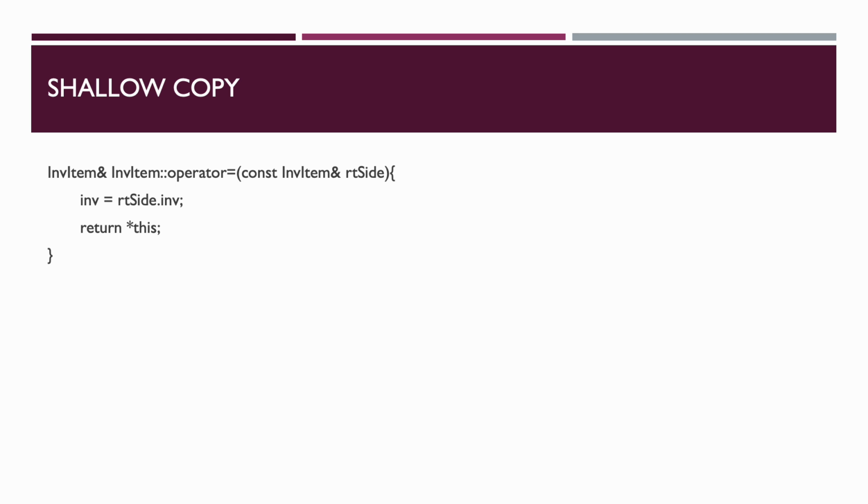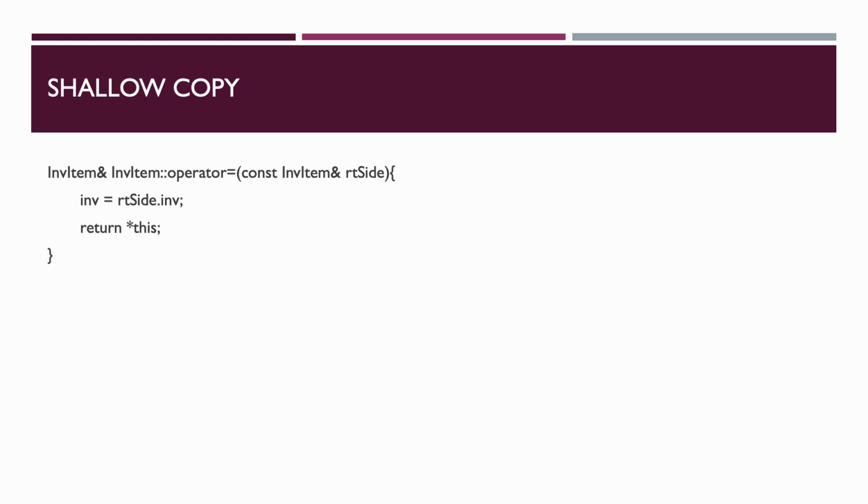Now let's take a look at the shallow copy. What happens in a shallow copy? Here in this example, we can say a shallow copy just copies the values from one object to another without worrying about dynamically allocated memory or pointers. In this code, we are simply assigning the INV member of the RT_side object to the INV member of the current object.